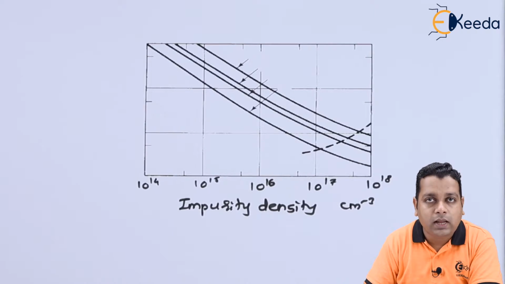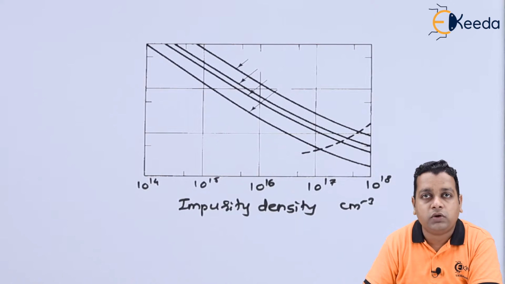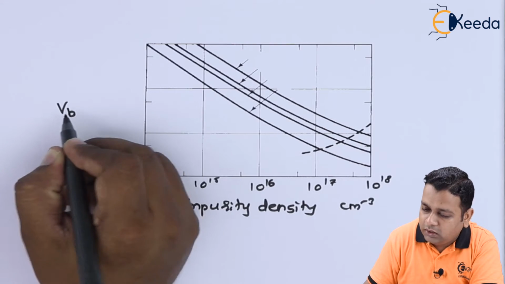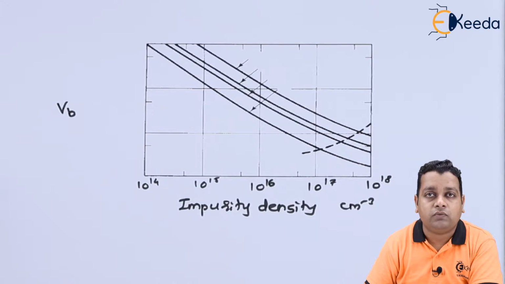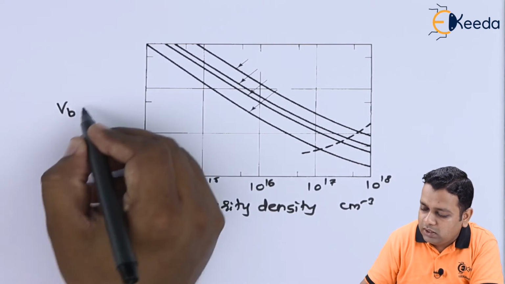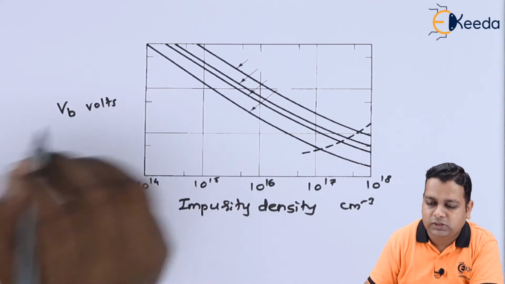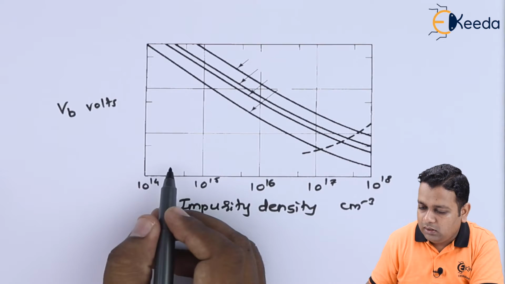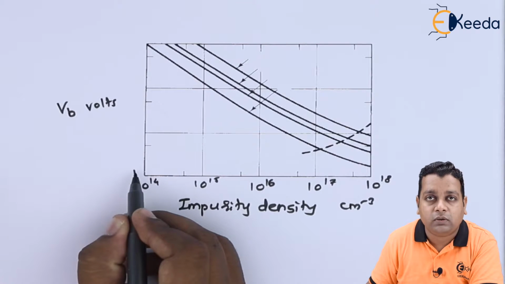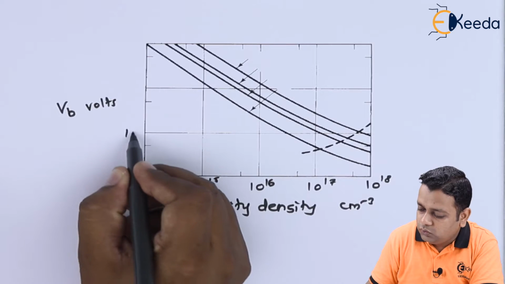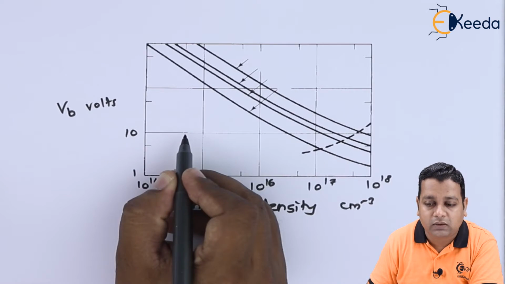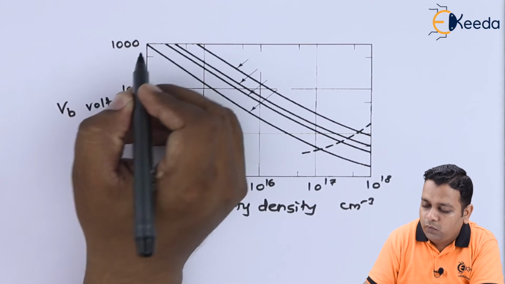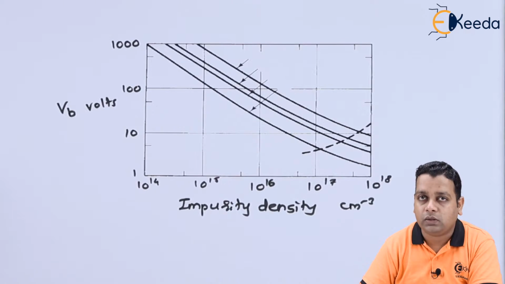On the vertical axis we take the breakdown voltage, represented by the symbol capital V suffix B, measured in volts. We start on the vertical axis right from 1, next we reach 10 volts, we go up to 100 and finally up to 1000 volts in this plot.